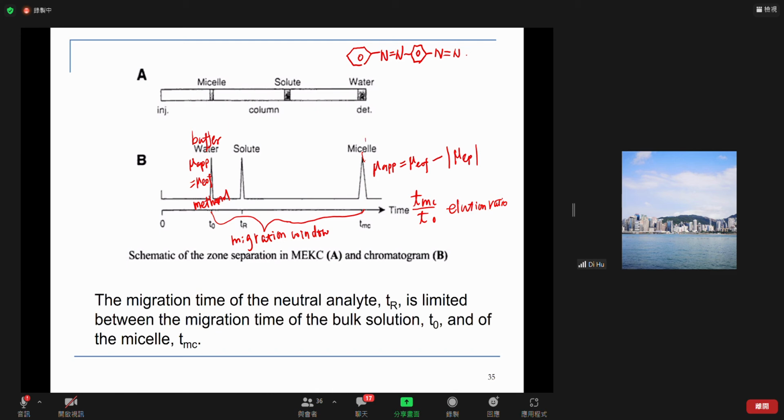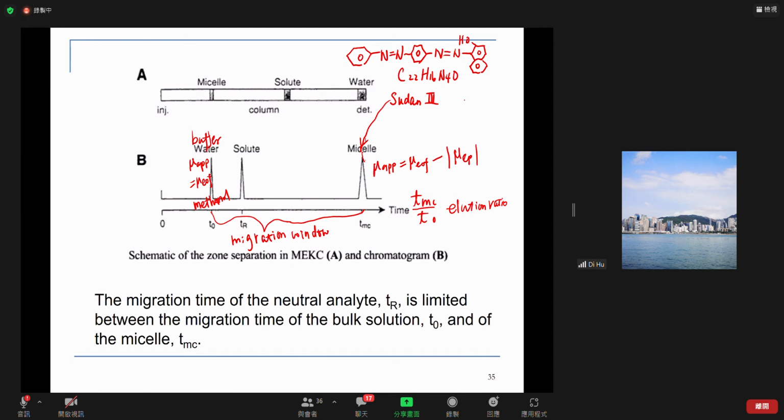Okay, so Sudan III can serve as an indicator for the micelle, because it's totally soluble in it, so it will travel with the micelle.